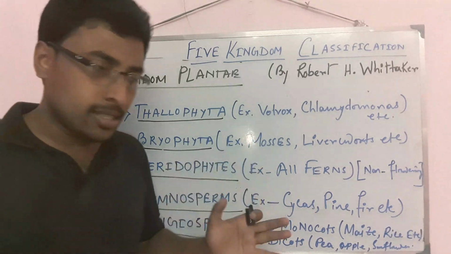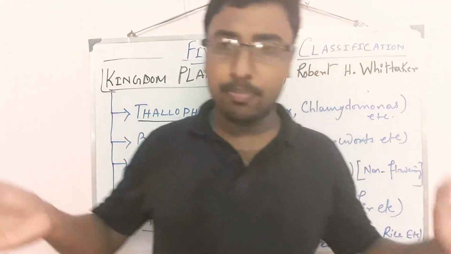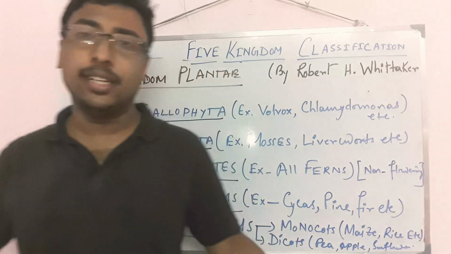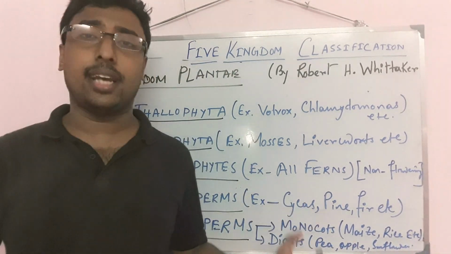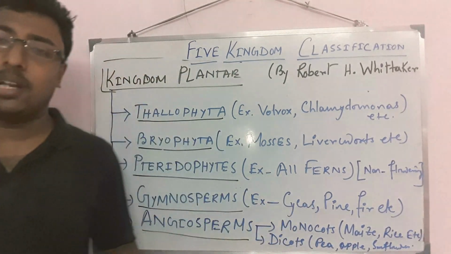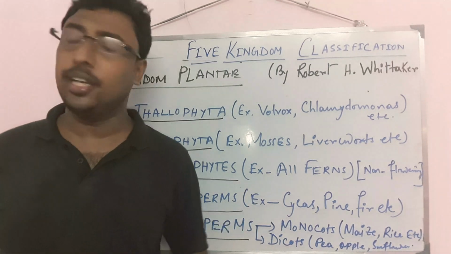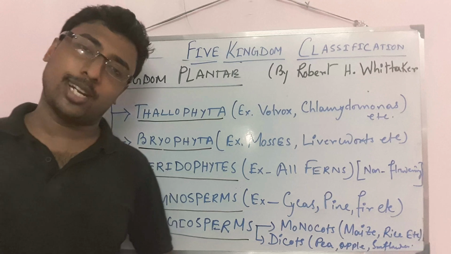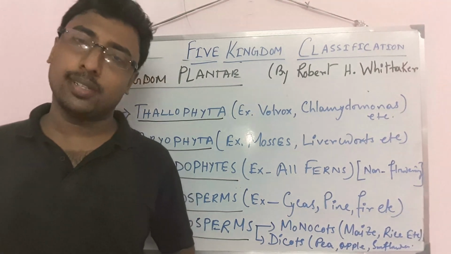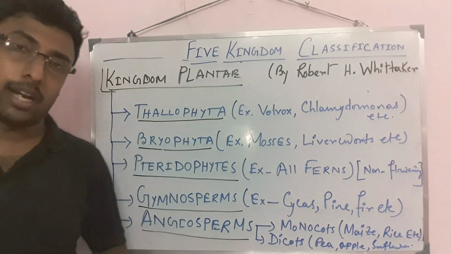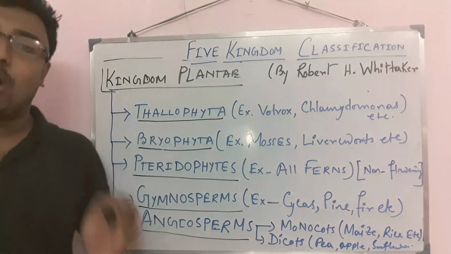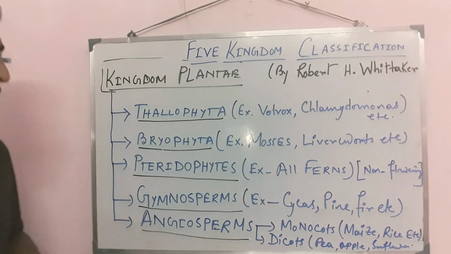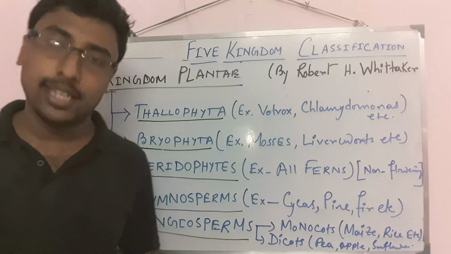The plants which we observe in our surroundings are mainly angiosperms. They have chlorophyll in their body. With the help of chlorophyll they can trap sunlight, and with photosynthesis they can produce their food. That's why they are autotrophs, with an autotrophic mode of nutrition.